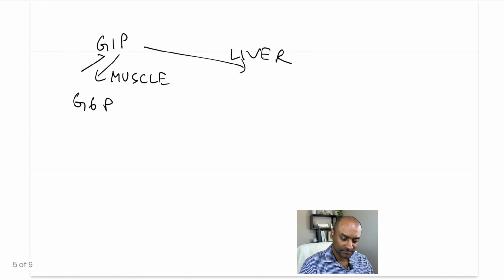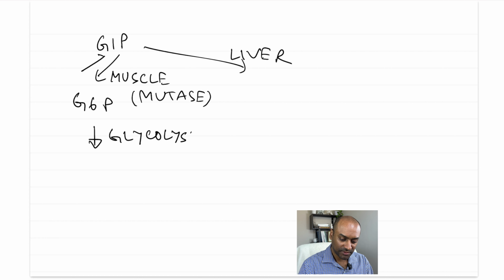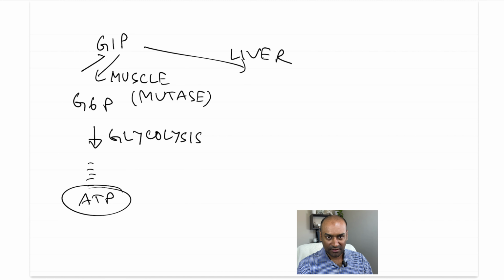Okay, so the mutase enzyme will convert G1P to G6P, because we need G6P to make glycolysis. So that's what it will do in the muscle. It will continue into glycolysis and make ATP, right? Because muscle contraction needs a lot of energy. So whenever G1P is made in muscle by glycogen breakdown, it will go on to make G6P, so that it can continue in glycolysis and make ATP.